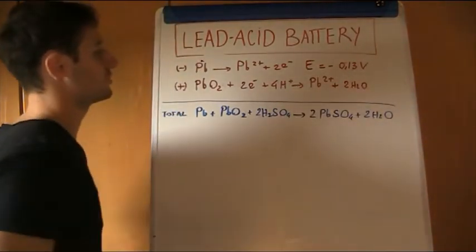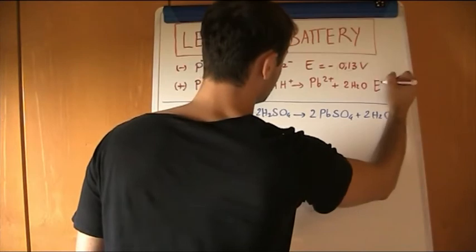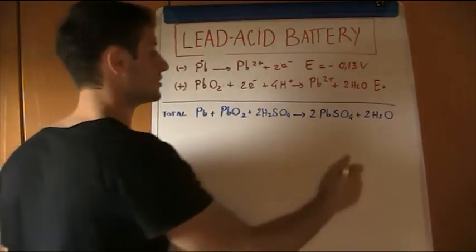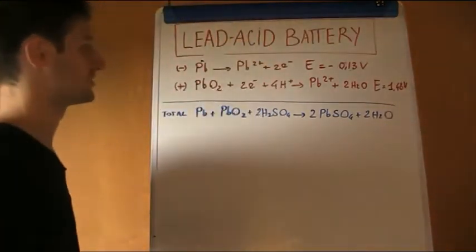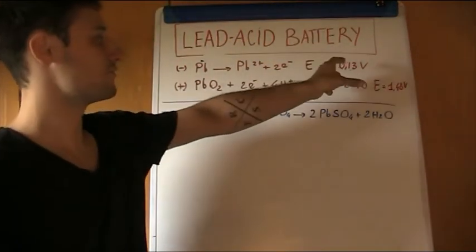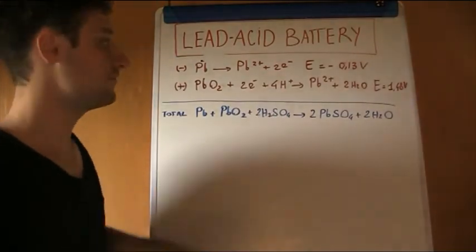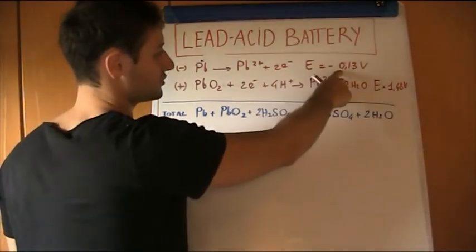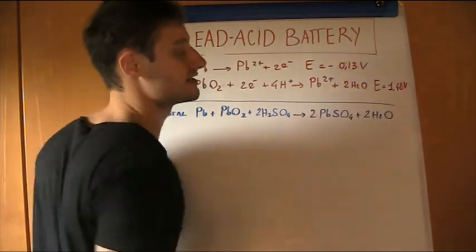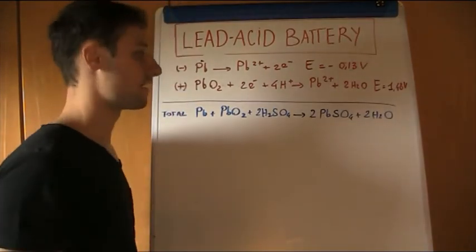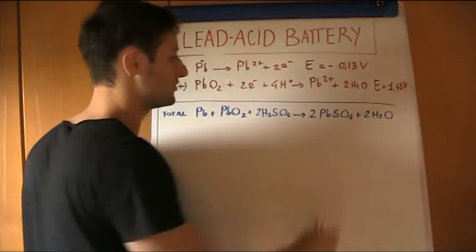And this reaction is associated with an open circuit potential equal to 1.48. So in this case we have a difference that is smaller with respect to the difference before. Before we had minus 0.36 and 1.69, and so a final d.d.p. around 2.